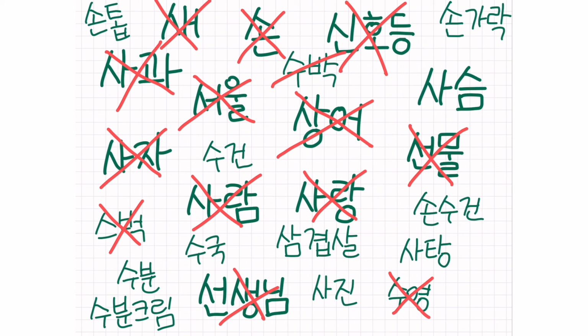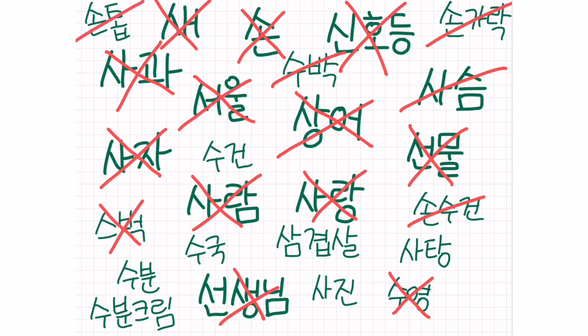What is a deer in Korean? It starts with 사슴. Handkerchief, 손수건. Here. How about a finger? 손가락. How about fingernail? 손톱.